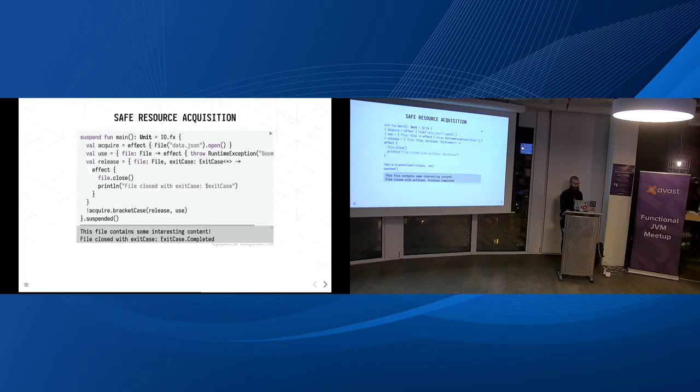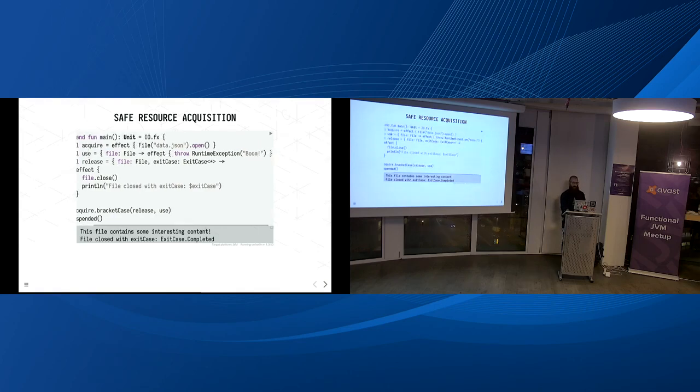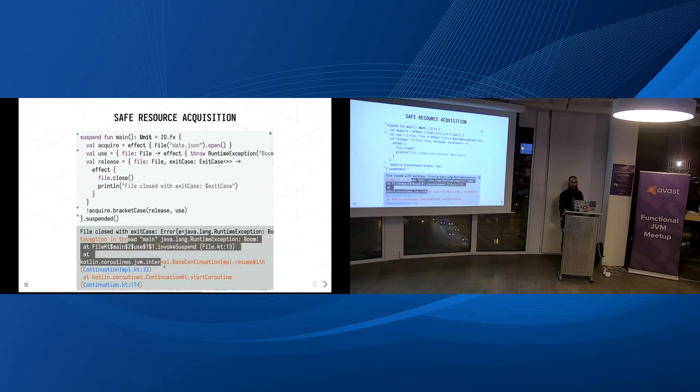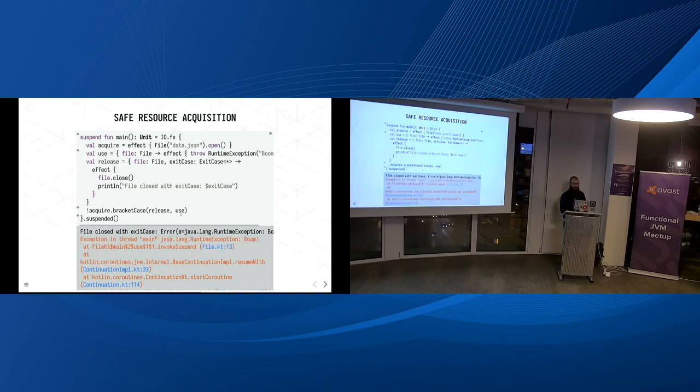So let's say that I acquire my file, and then I want to use it, but I immediately throw an exception. Then before that exception lands in my actual program, or it actually blows up my program, because I did not deal with my error here, the file is still closed. And the same happens with cancellation.